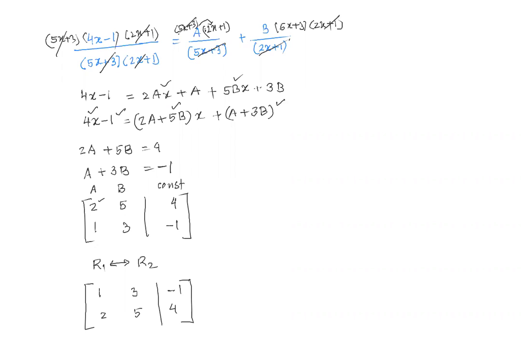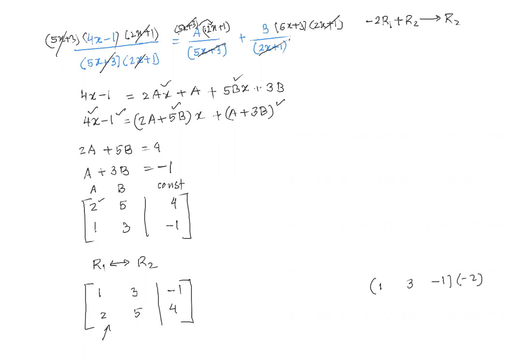Okay. Next, I have to make this number 0 under the 1. My operation is going to be -2 times row 1 plus row 2 becomes my new row 2. So let's do it here on the bottom. -2 times row 1. So it's going to be 1, 3, -1. I multiply it by -2.